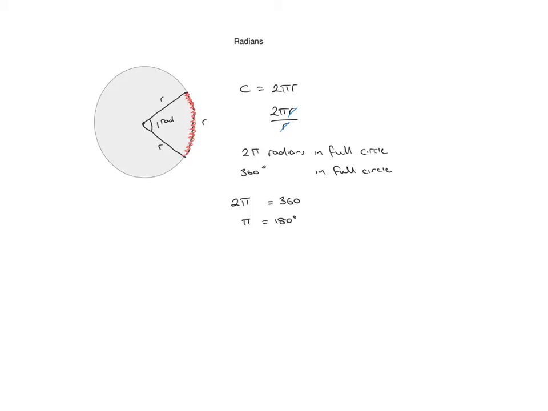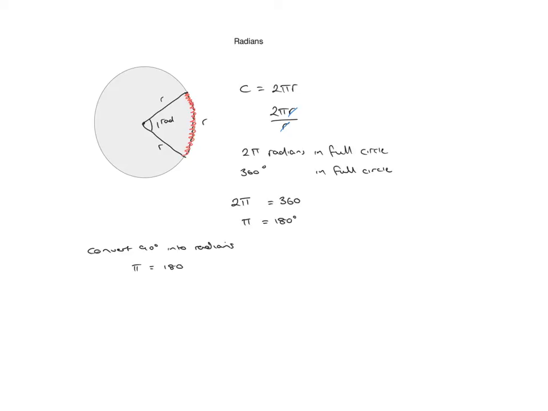So let's have a look at a couple of examples. Suppose I want to convert 90 degrees into radians. All I do is I write down the initial relationship that we have, and we know that pi is equal to 180 degrees. And then I try and work out, how do I get from 180 down to 90?